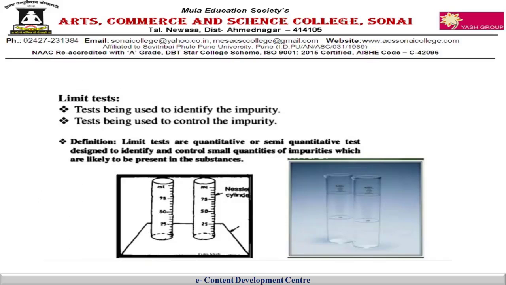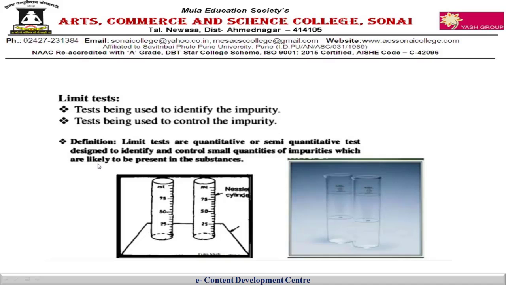Then for that a limit test is performed. So what is the limit test? The limit test is used to identify the impurity or to control the impurity.